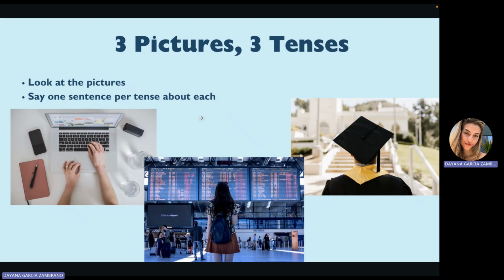So for the first picture, they can use present perfect. For the second one, past perfect. And then for the third one, future perfect. The sentence needs to be related to the pictures, and they cannot be the same as the classmates' sentences.